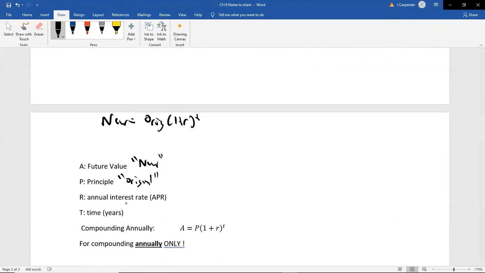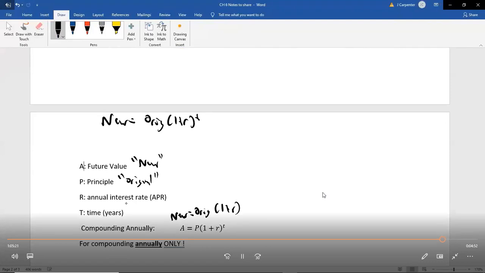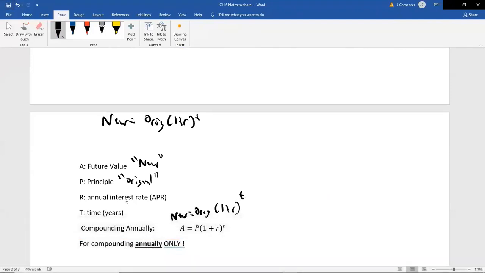So when we compound annually, when we gain money once per year, or whatever it is we're gaining, it's not always just money. Maybe we're talking about gaining cells over a year or something like that, which is not a great model, but you certainly could make it. All right, so compounding annually, A, which is the future value, that's the new, equals P, the principal, which we said is the original, times 1 plus R, that's your growth factor, and then raised to the amount of time in years.